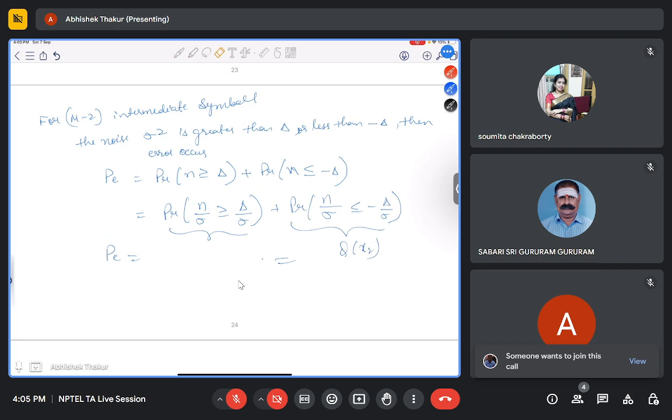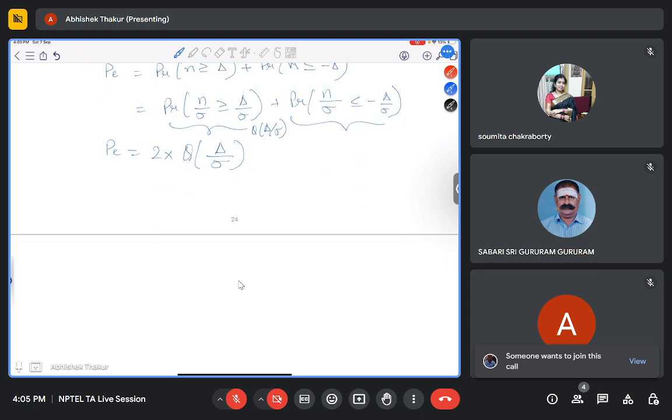So we can write 2 times the Q function of delta by sigma. So this is our error probability for the M minus 2 intermediate symbols.